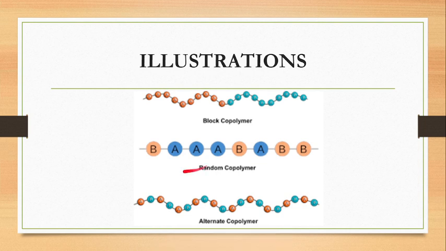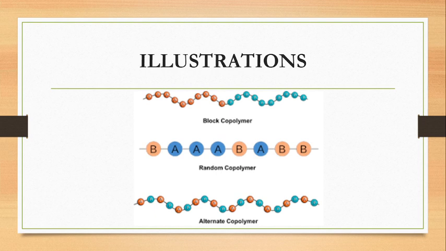You can see the first one that starts is B, and then we have 3 A's, then a B, then an A, then B. So that is what we call the random copolymer. Now, why do we call it a copolymer? It's because there are 2 types of monomer units present in the structure, and that gives it a difference from the homopolymer. A homopolymer, you'd have seen the A's alone, or if it were B's, you'd have seen only B's.